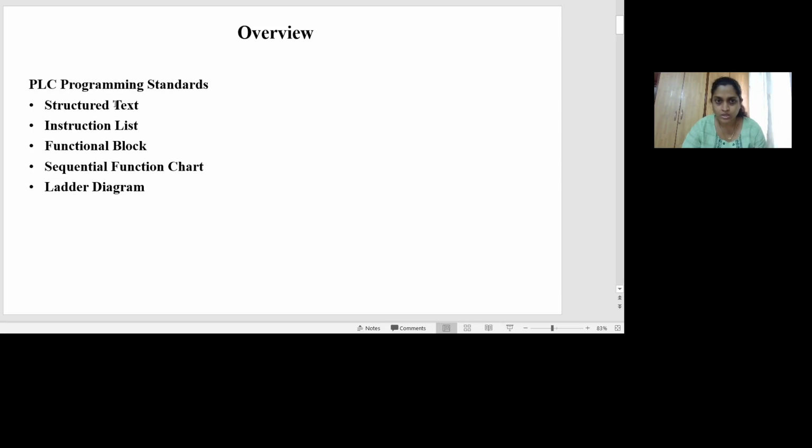Here I'll be talking about the five standards: structured text, instruction list, functional block diagrams, sequential function chart, and at last the ladder diagram. Out of these five programming standards, the ladder diagram is more widely used. So the later chapters of your entire course on programmable logic controllers are based on ladder diagrams.